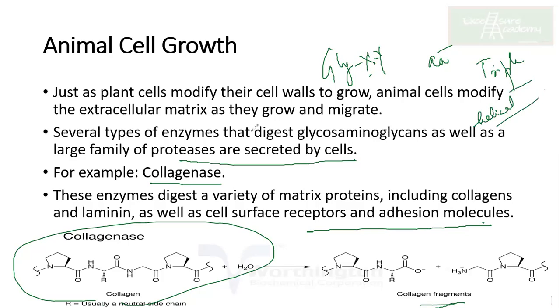So when collagenase is breaking your collagen into collagen fragments, eventually it is degraded into amino acids. Okay, so these amino acids can be taken for further growth of the cell, to make further proteins inside the cell, or to make a different kind of receptor. So depending on that, nothing goes waste. Okay, so all these degraded products can be recycled.